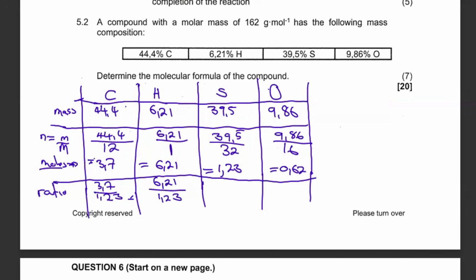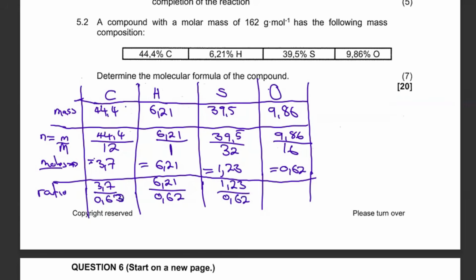The smallest value is 0.62. So we divide: 3.7 over 0.62, 6.21 over 0.62, 1.23 over 0.62, and 0.62 over 0.62.